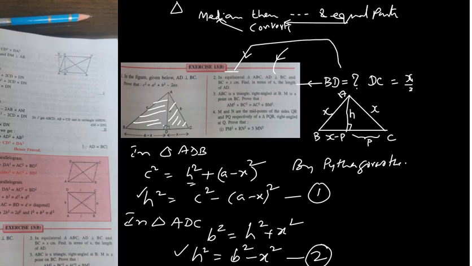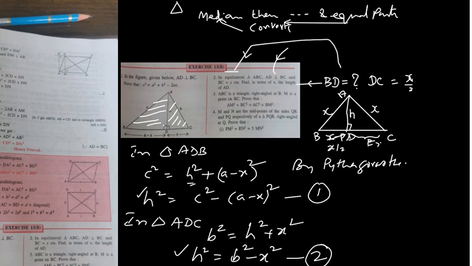AC square is equal to AD square plus BC square. And so AC you take as x centimeter. AC is x, correct. x square is equal to AD square plus x square.